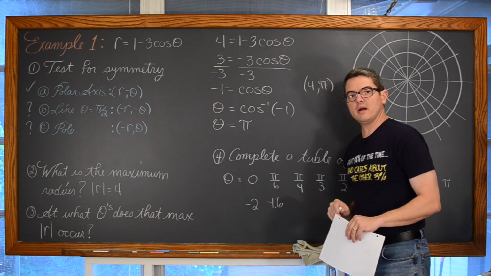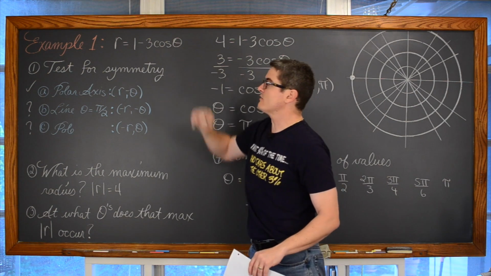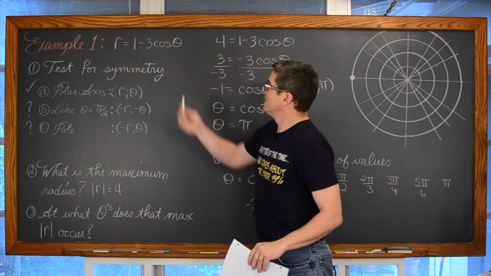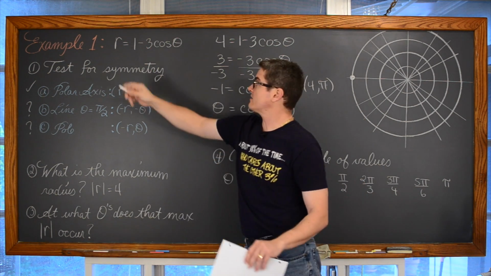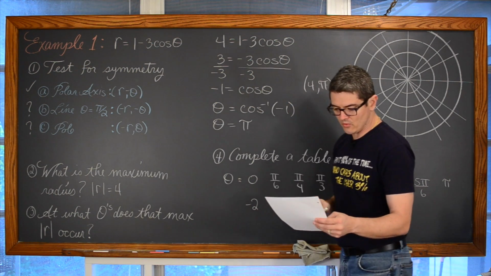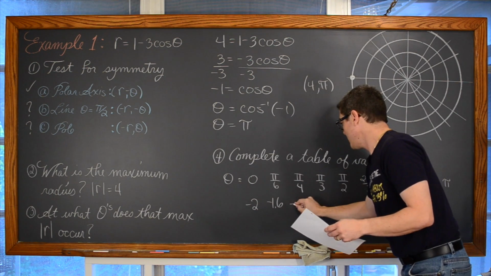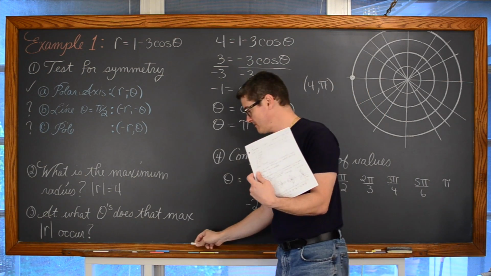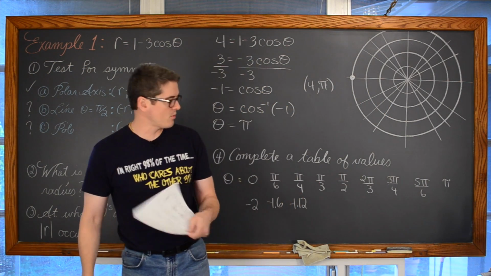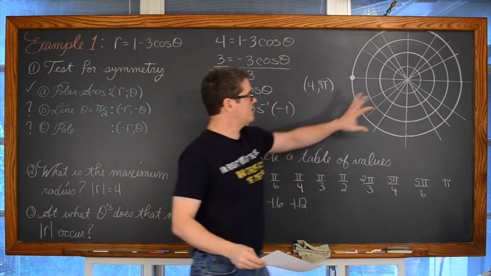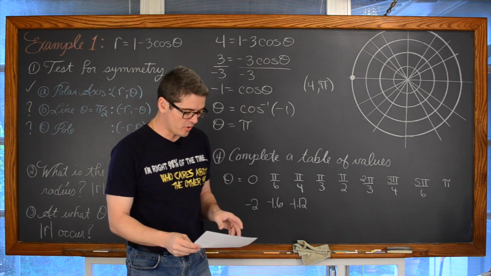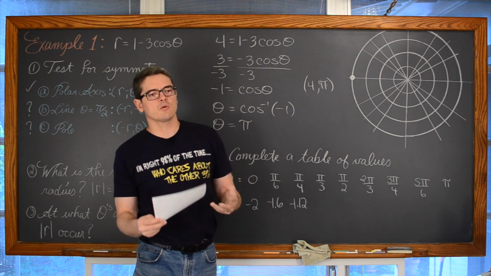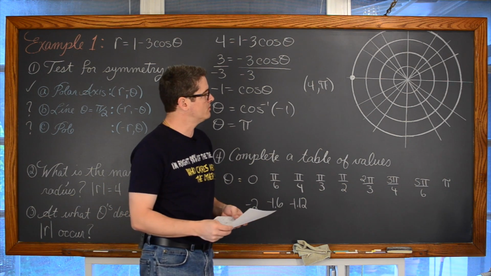Now, plugging in pi over 4, the cosine of pi over 4 is the square root of 2 over 2. Multiply that by 3 and then subtract that product from 1, and you're going to get approximately negative 1.12. Now, I'm not putting my answers in exact format because that's going to be quite difficult for just plotting on a polar grid. And we're going to have quite a few points to make up the graph.